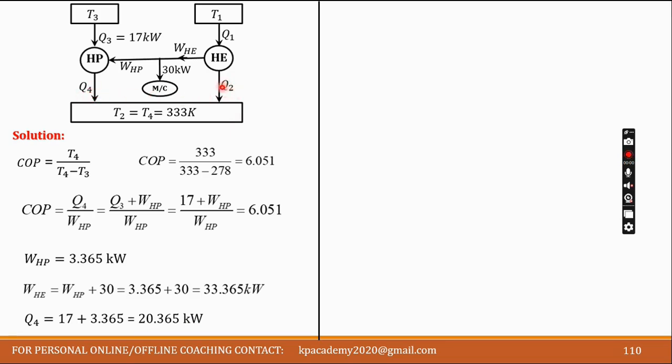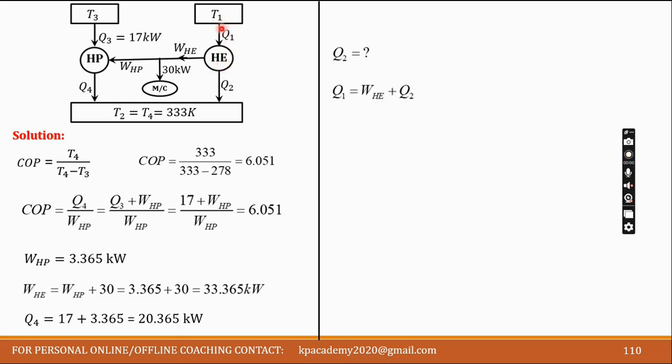Now let's go for Q2, right? Now the only unknown is Q2 over here. How do we find Q2? The Q2 is in relation to the heat engine. Do we have any relation? Yes, there is. If I apply the first law of thermodynamics to this heat engine again, we get an equation like this.